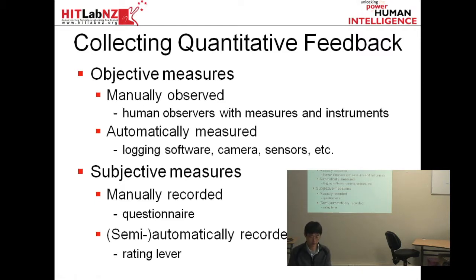Let's say, for example, you're counting the number of times people press the wrong button, to keep using this example. It's an objective measure, right? The number of times they press the wrong button, and it's quantitative since it's a number. You can do it by manually observing it, so as an experimenter, you can watch what they're doing and count how many times they pressed the wrong button.